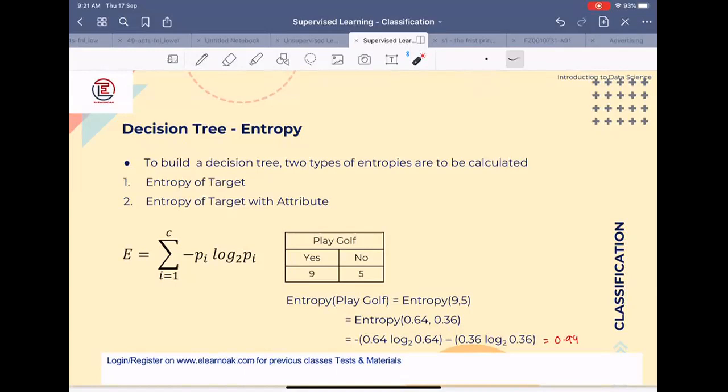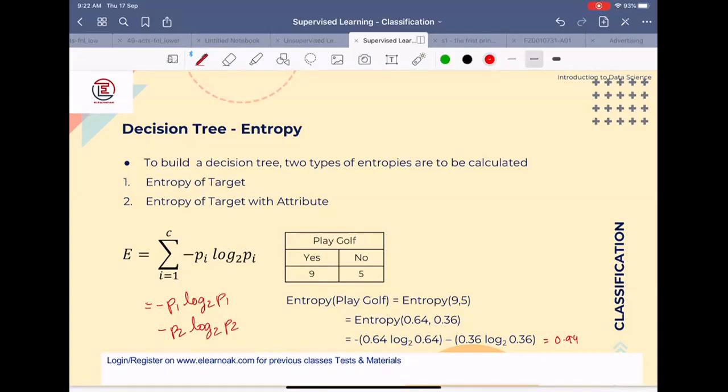So C represents the number of classes we have. For this data, that is whether we play golf or not, we have only two classes, yes or no. So C is only 2, and my equation becomes minus P1 log to the base 2 P1 minus P2 log to the base 2 P2.